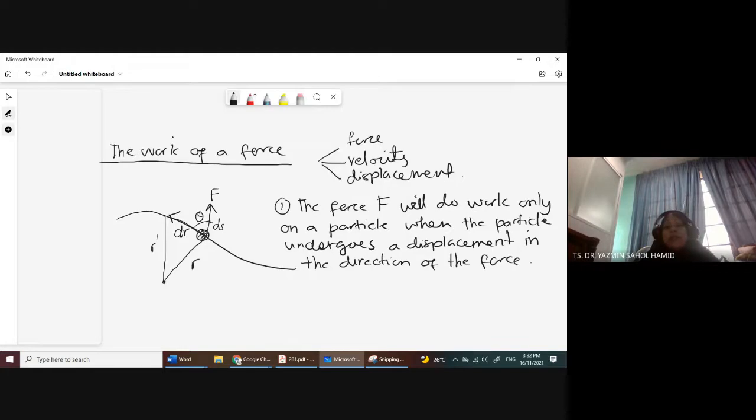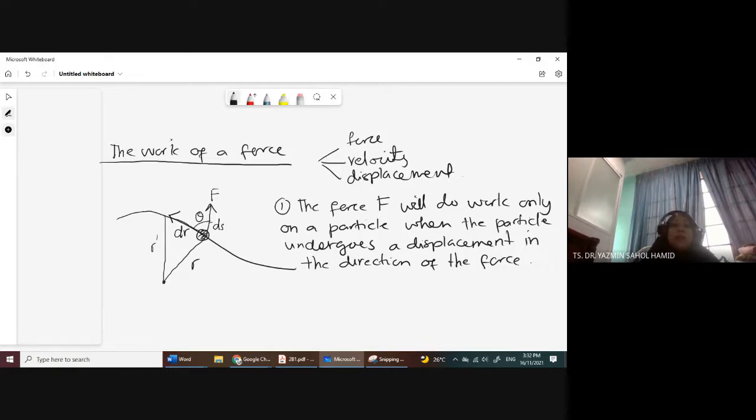Okay, so this definition is very important. So the force F will do work only on a particle when the particle undergoes a displacement in the direction of the force. So the force must be in the direction of the displacement.